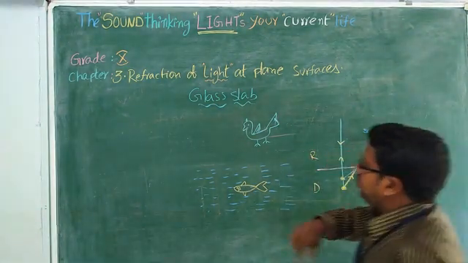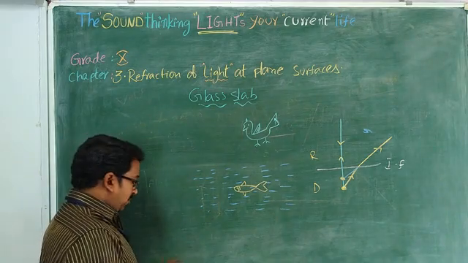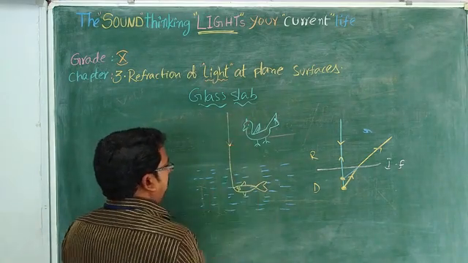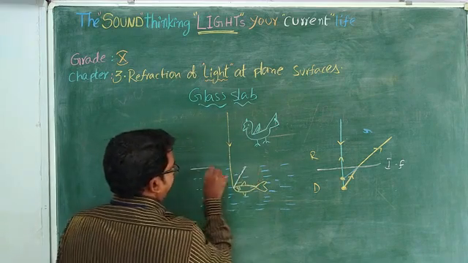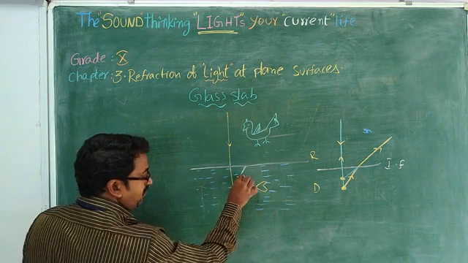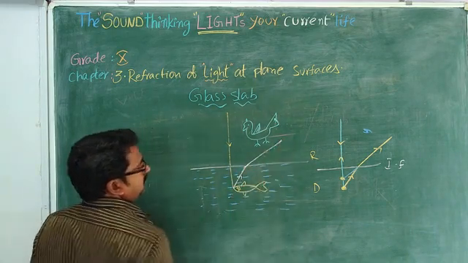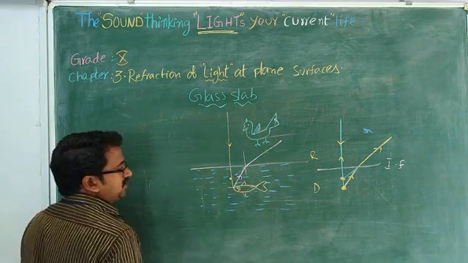Similarly here, now this bird is going to observe the fish. The bird is observing along the perpendicular line, and there is another light ray. It is going from denser to rarer, so it will move away from the normal. When you extend this, it appears like this.